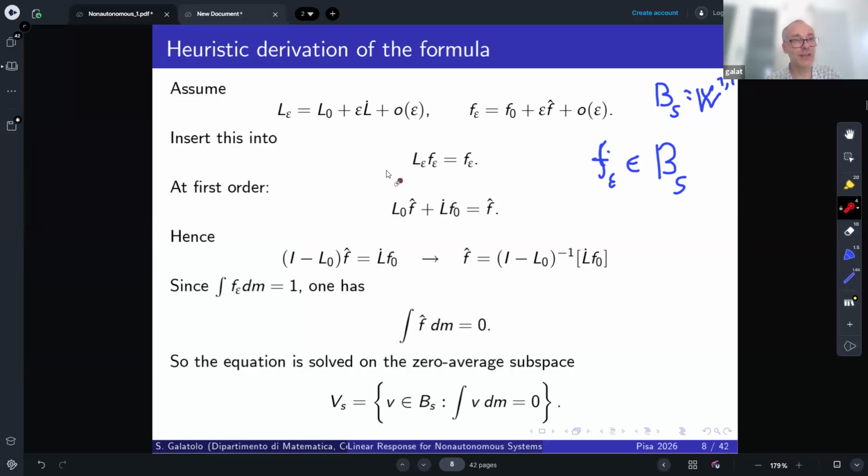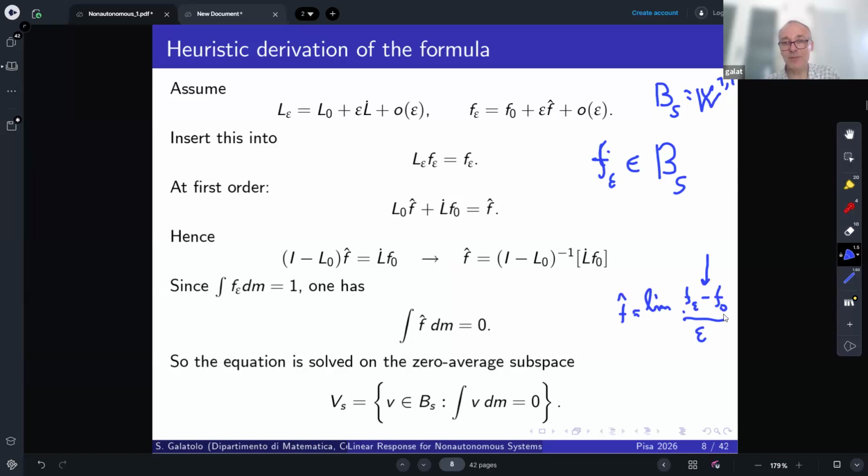First, let me make an important remark. Notice that in this equation, the linear response is the limit of this difference divided by epsilon.